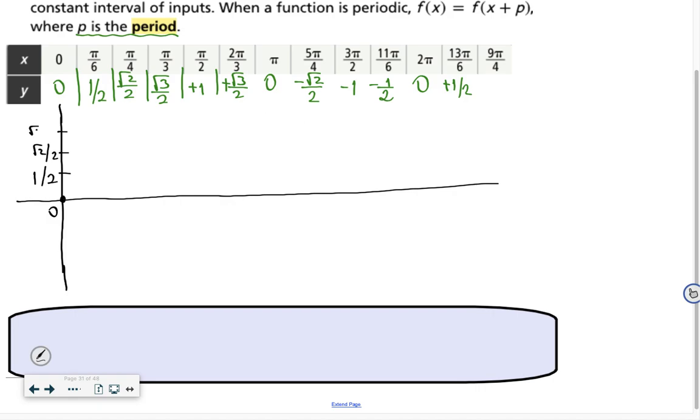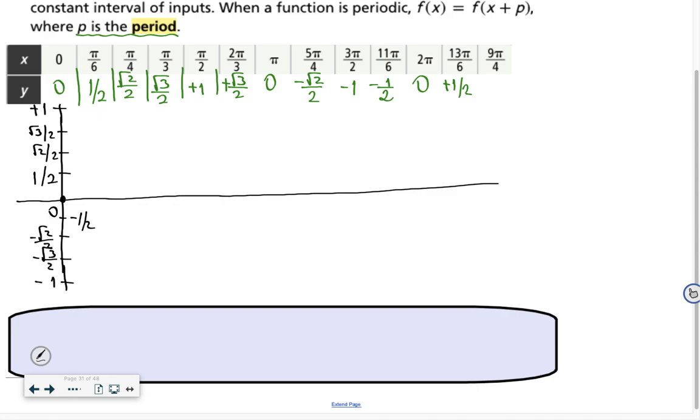This is radical 3 over 2. And this is positive 1. Same thing: this is going to be negative 1/2, this is going to be negative radical 2 over 2, this is going to be negative radical 3 over 2, and this is going to be negative 1.